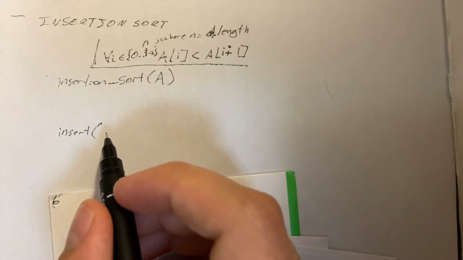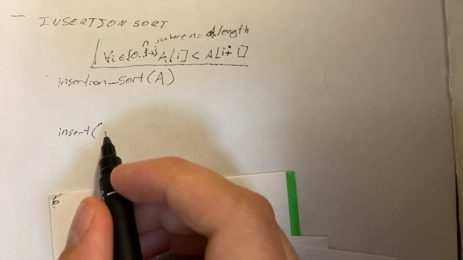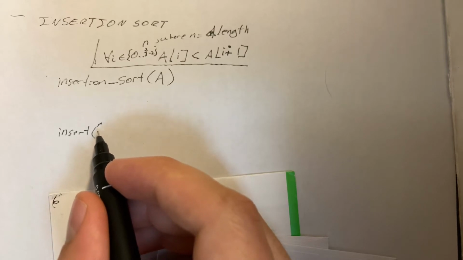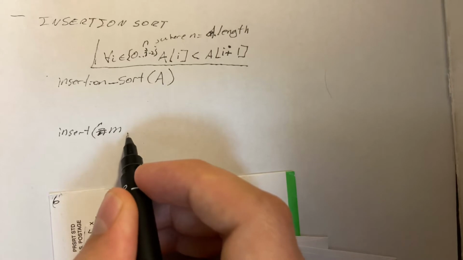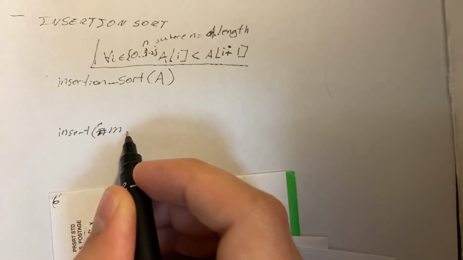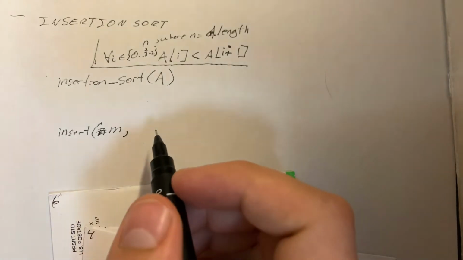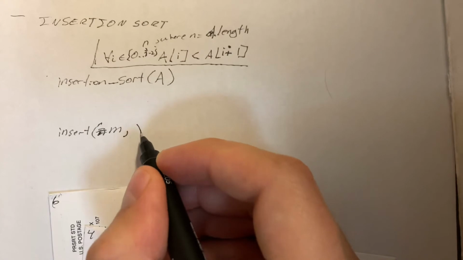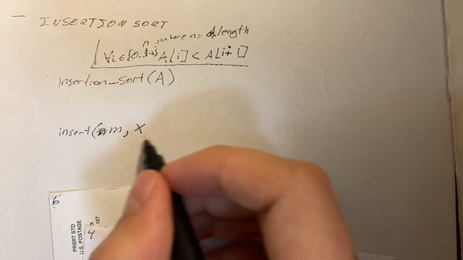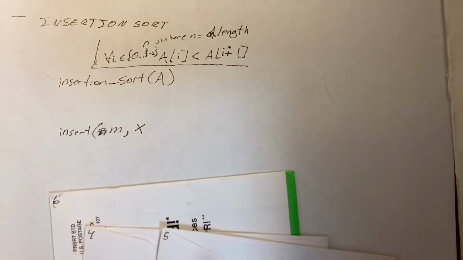It's going to take an integer, which we'll call m, that's an index, and then it's going to take an integer value called x, which is the actual value of the card.